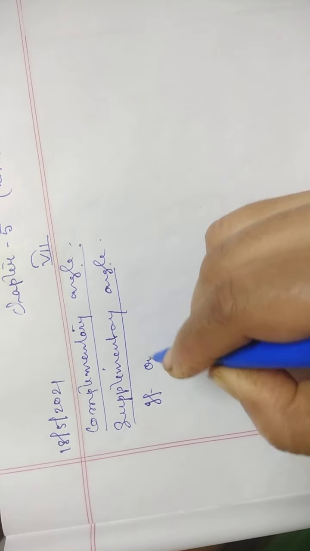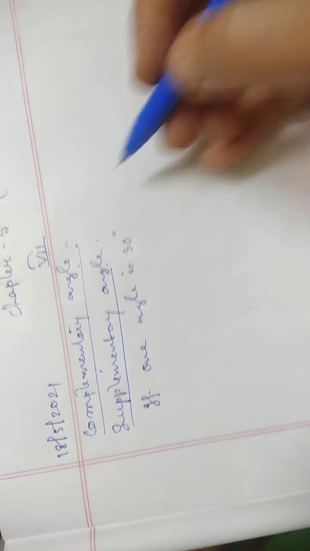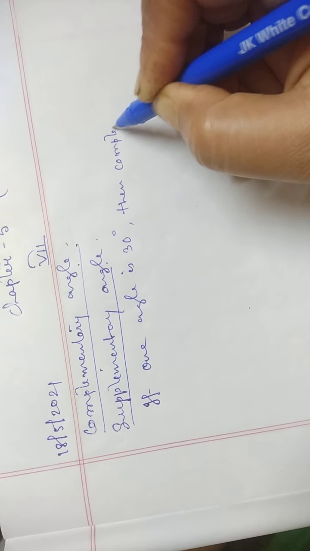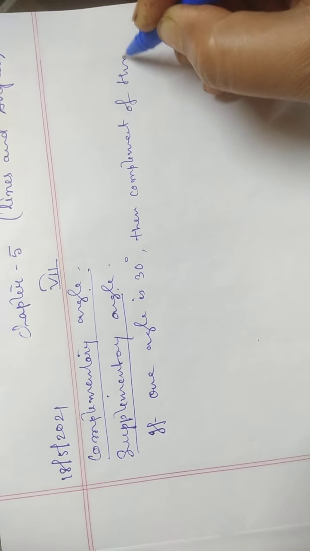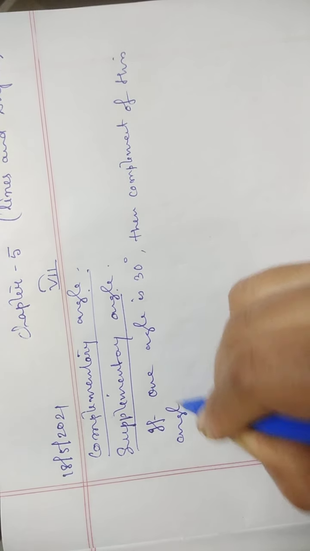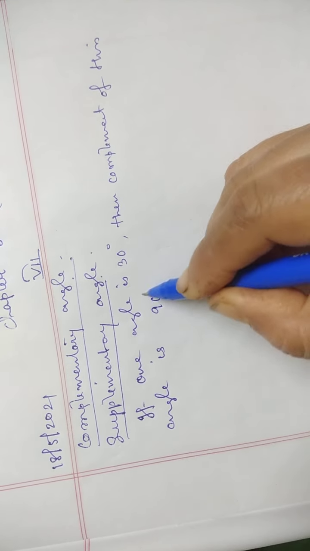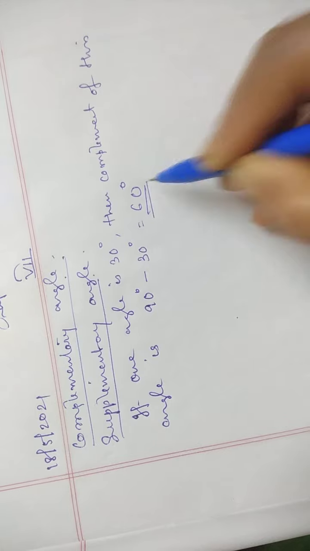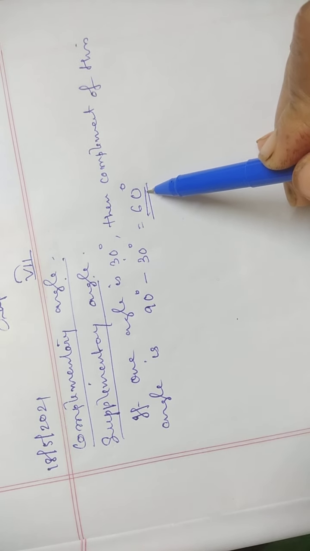If one angle is 30 degrees, then the complement of this angle is what? You have to find 90 degrees minus 30 degrees, that is 60 degrees. Okay, so complement of 30 degrees is 60 degrees. Clear?